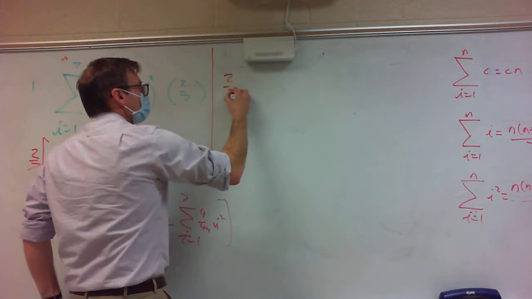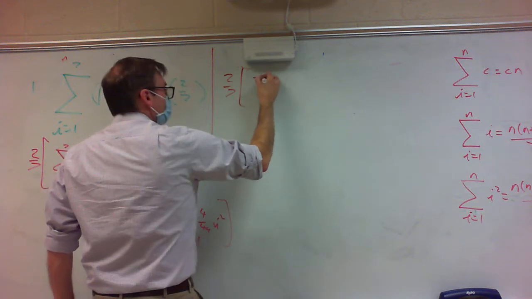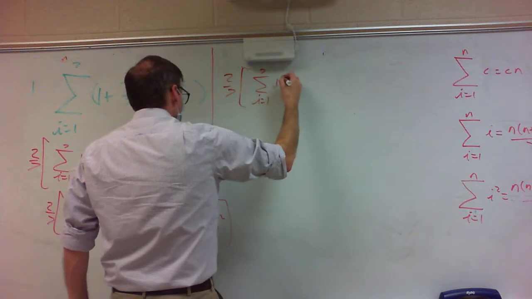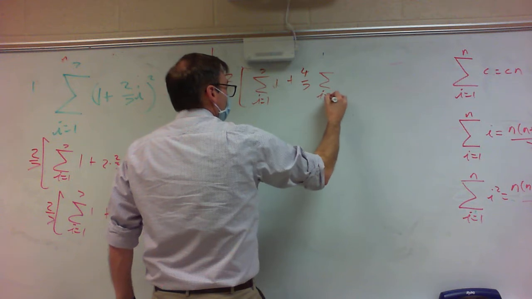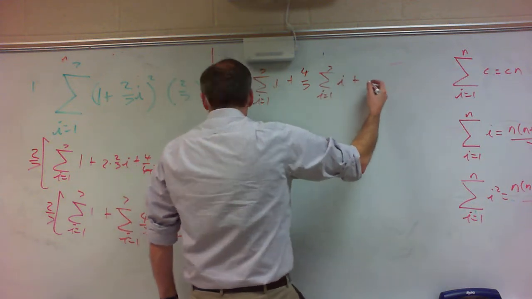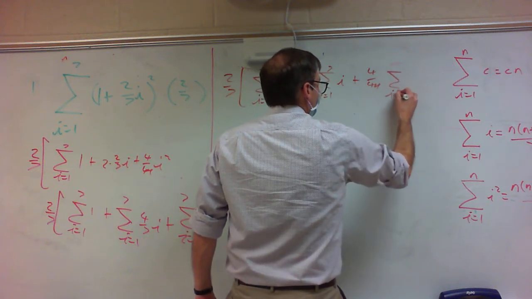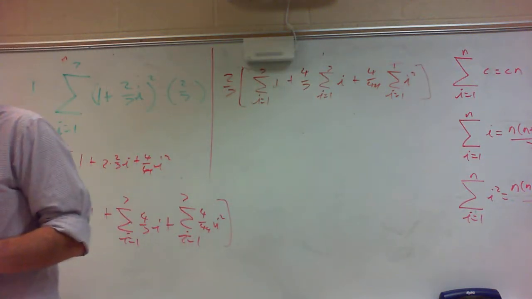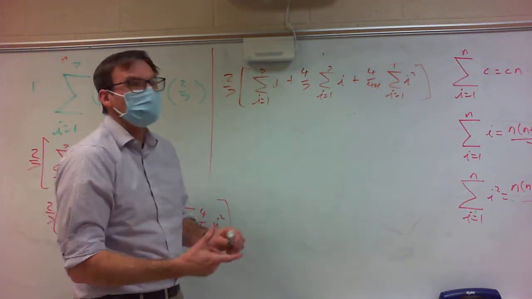I get 2 over 7 times the summation from i equals 1 to 7 of 1, plus 4 over 7 times the summation from i equals 1 to 7 of i, plus 4 over 49 times the summation from i equals 1 to 7 of i squared. All I did was take these numbers out. Why did I do that? Well, now I have something I can use.